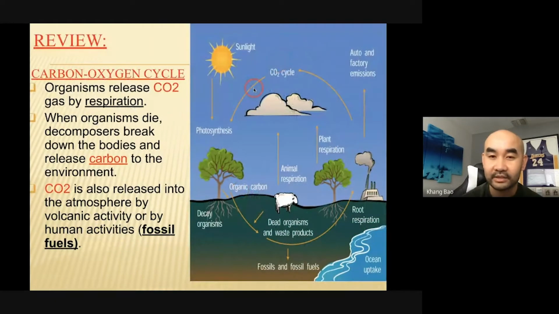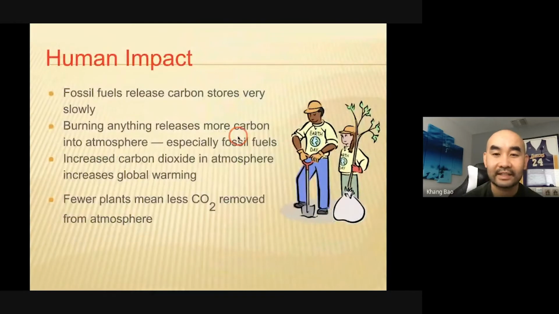This is the carbon oxygen cycle. If we cut down forests, no more recycled carbon dioxide, that means no oxygen, for example, right? We're burning more fossil fuel, gasoline, oil, we release more carbon dioxide, right? So this is all connected, and again it's human impact.